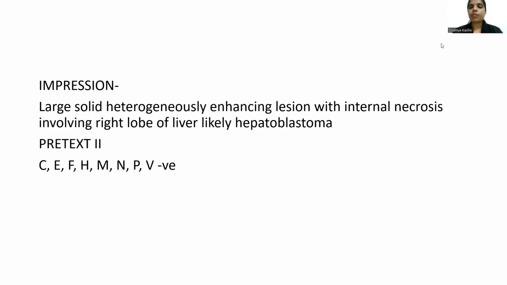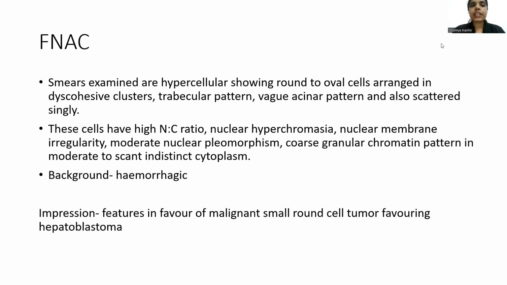So now, for this specific case, as the AFP is less than 100, we would like to go ahead with histopathology first to confirm our diagnosis of hepatoblastoma. So that is what we did, sir. We did an FNAC which showed features in favor of malignant small round cell tumor, favoring hepatoblastoma.